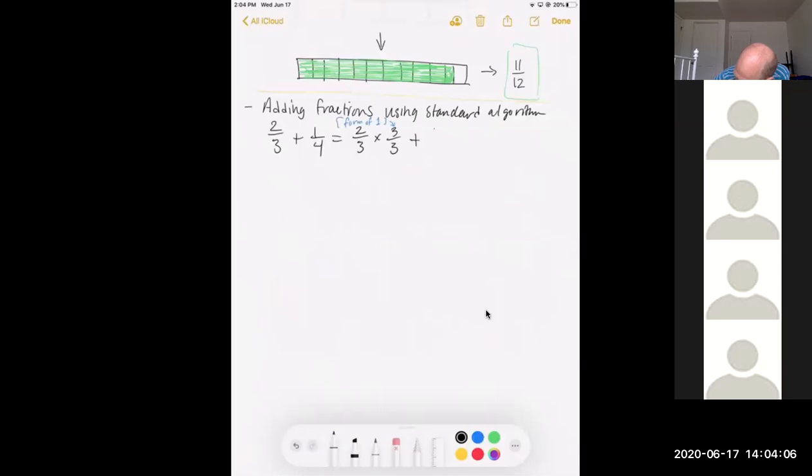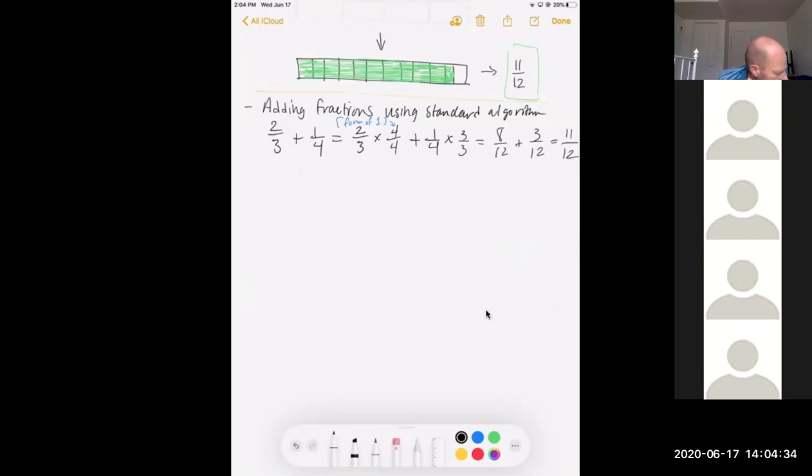And I was adding on the 1/4 times, whoops. That should be 4/4. Because I took my thirds and I subdivided each third into 4 equal pieces. Okay, there we go. Now I have 8/12ths plus 3/12ths. That equals 11/12ths.